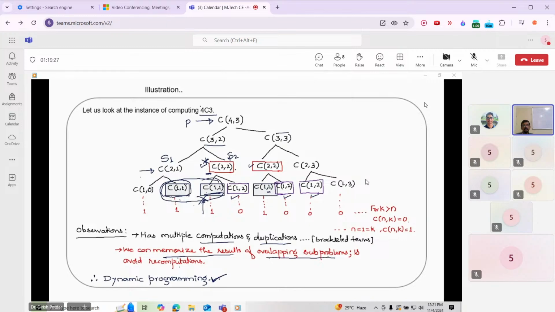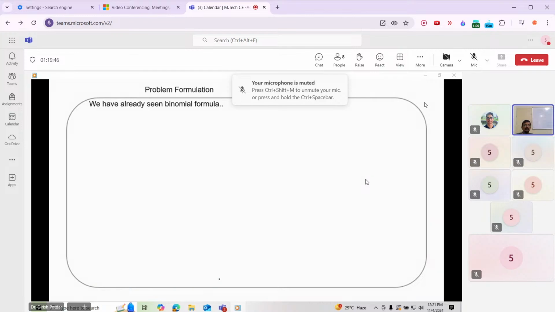And therefore we are now up to solving a binomial coefficient or binomial formula using dynamic programming. So I guess you have followed this. This is a background, and now we will formally see a problem formulation for binomial formula, right?